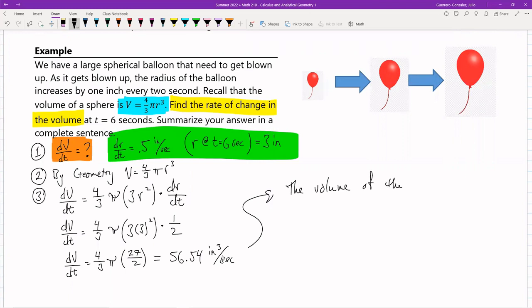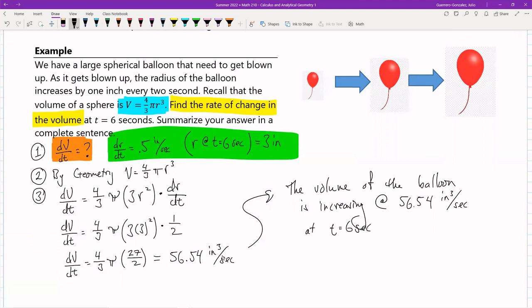the rate of change of the volume of the balloon is 56.54 inches cubed per second at t equals 6 seconds.